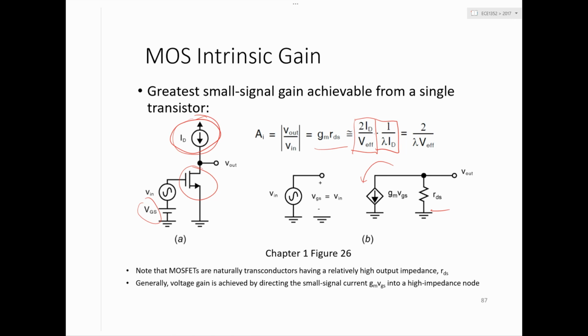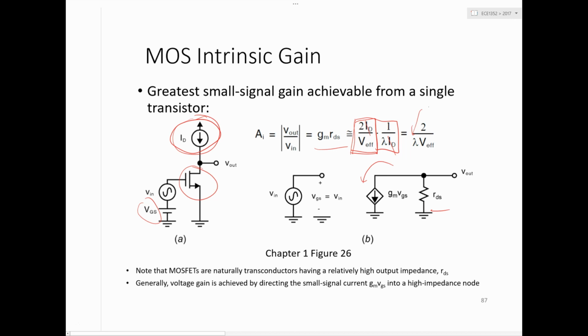If you do that, you see I used this particular expression for GM because it simplifies the product a lot. It allows you to cancel out the drain current, interestingly. And what you see is that the intrinsic gain depends basically only on V effective. That's the only thing here that, as designers, we have control over.